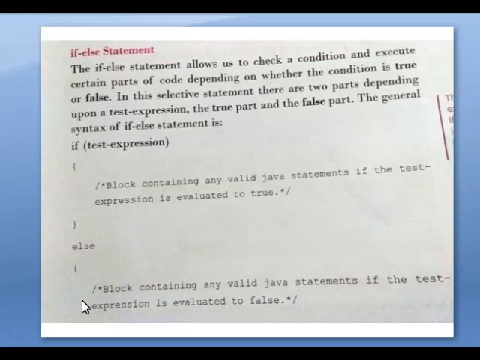The if-else statement allows us to check the condition and execute certain parts of code depending upon whether the condition is true or false. In this selective statement, there are two parts depending upon the test expression, the true part and the false part. The general syntax of the if-else statement is here. If the condition is true, it will execute the block of statements here. If the condition is false, it will execute the statements here.